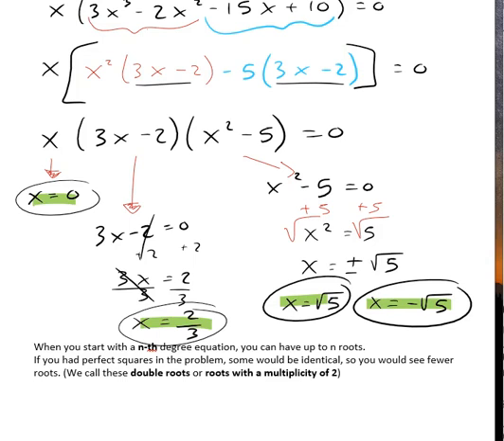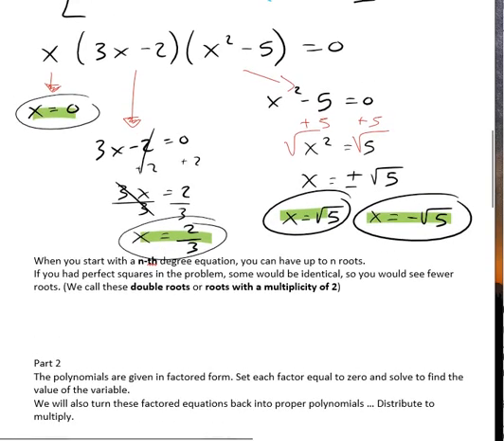If you had perfect squares in the problem, some would be identical, so you would see fewer roots. We call these double roots or roots with a multiplicity of 2. When we get to graphing, we'll see what that actually entails when it's a multiplicity of 2 or 3 or just a single. We'll notice a difference. Let's move on to the next part.